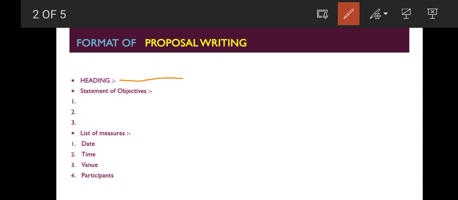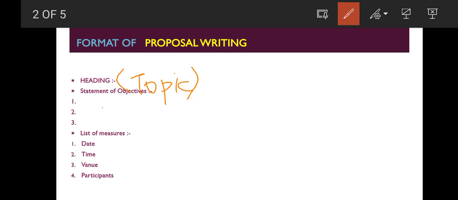According to you, you have to choose the words which should be perfect, so that when a reader reads it, he can understand that the matter would be on this topic. You could write simply "topic" according to your convenience, but in the examination you should not write "topic" here.